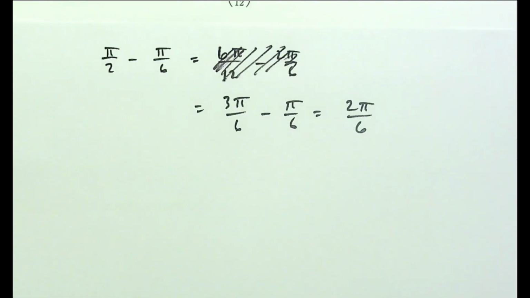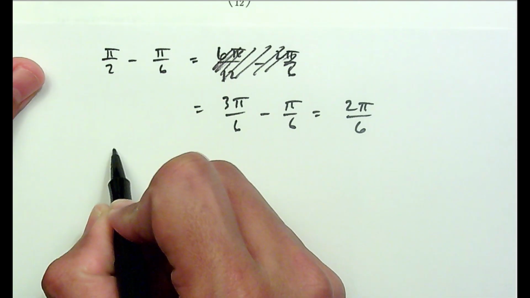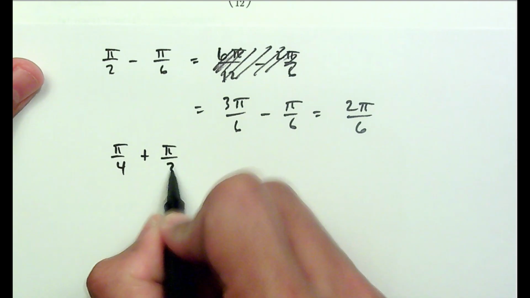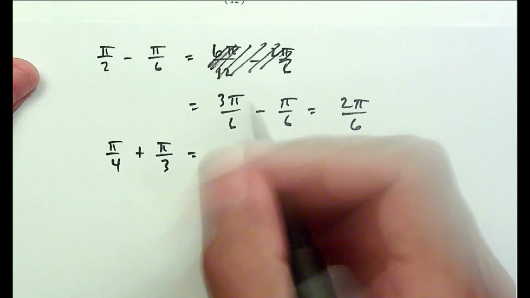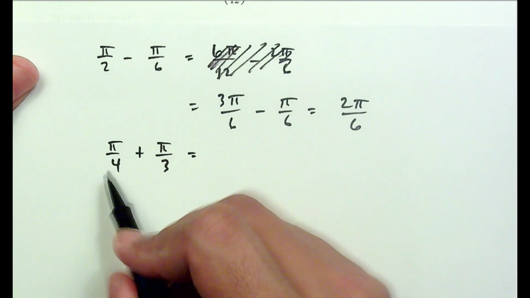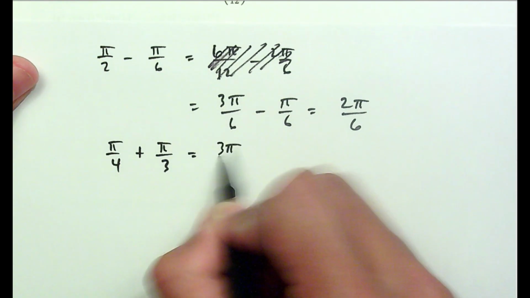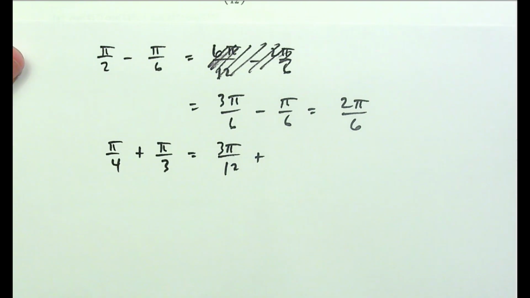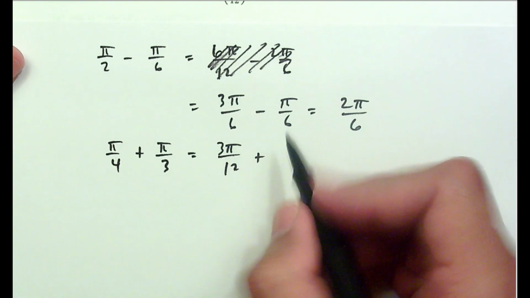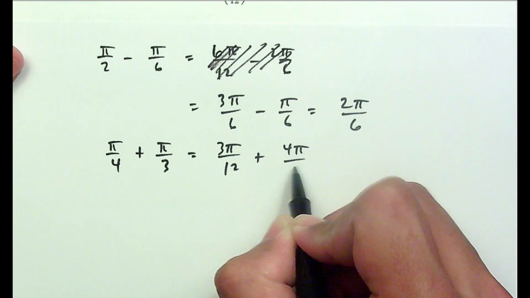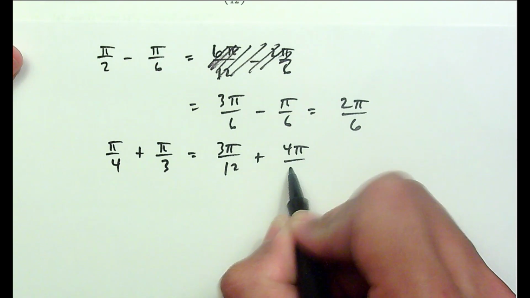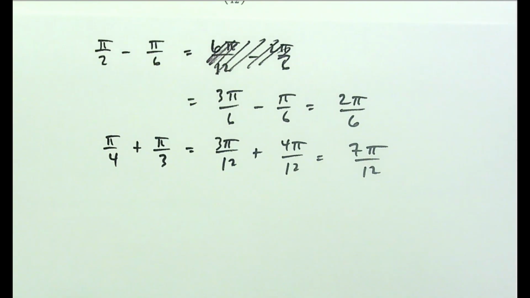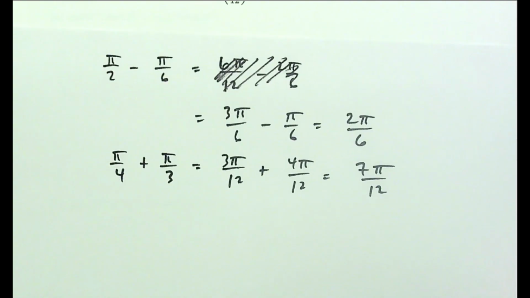So what else can you try? You can try pi over 4 and pi over 3. Let's try that one. Multiplying this one by 3 and by 3, you will get 3 pi over 12, and multiplying this one by 4 and by 4, you will get 4 pi over 12. And that gives you 7 pi over 12. Okay, that overshot it, so neither of these is the one.